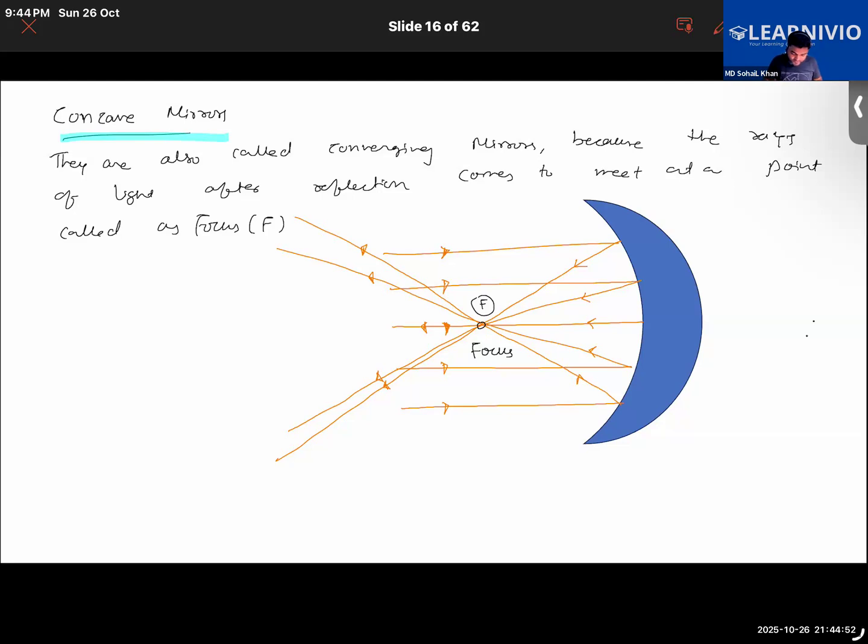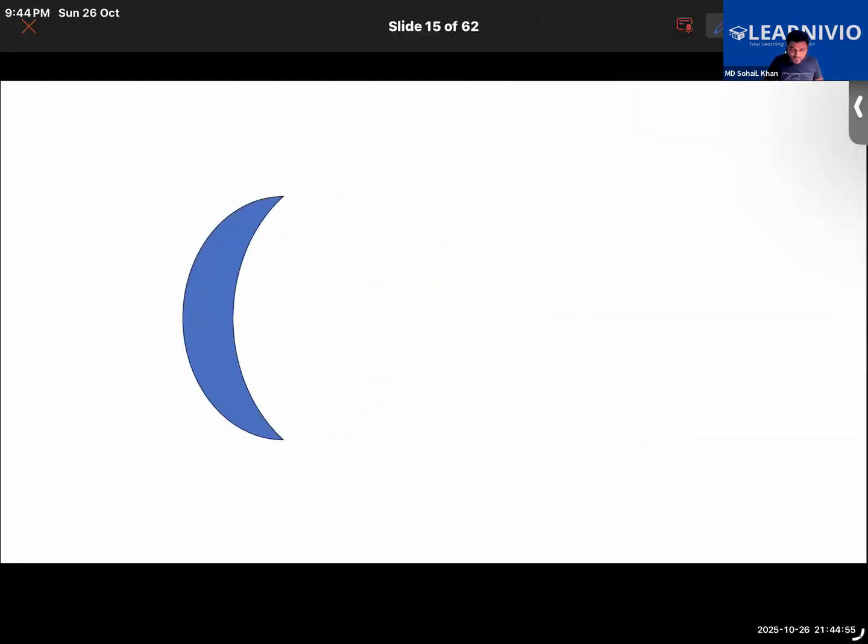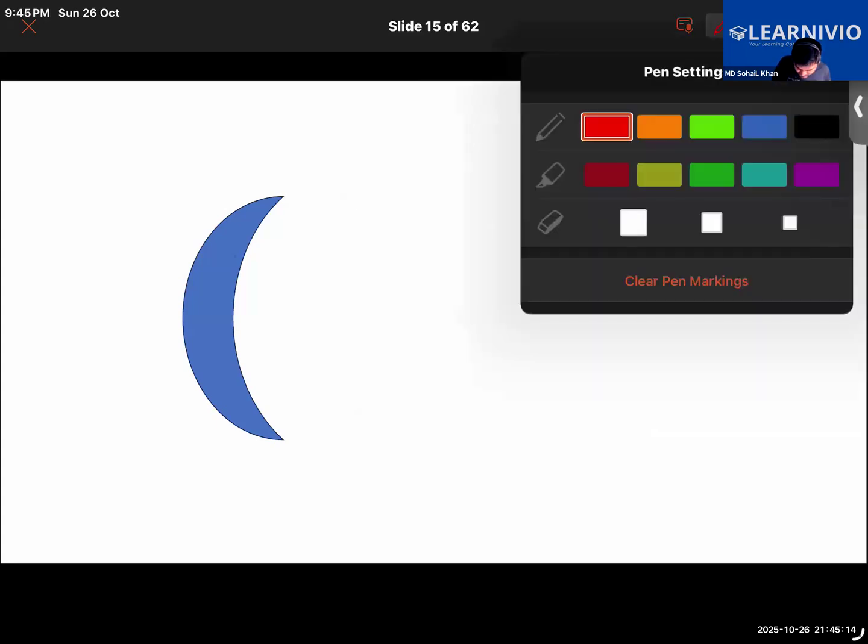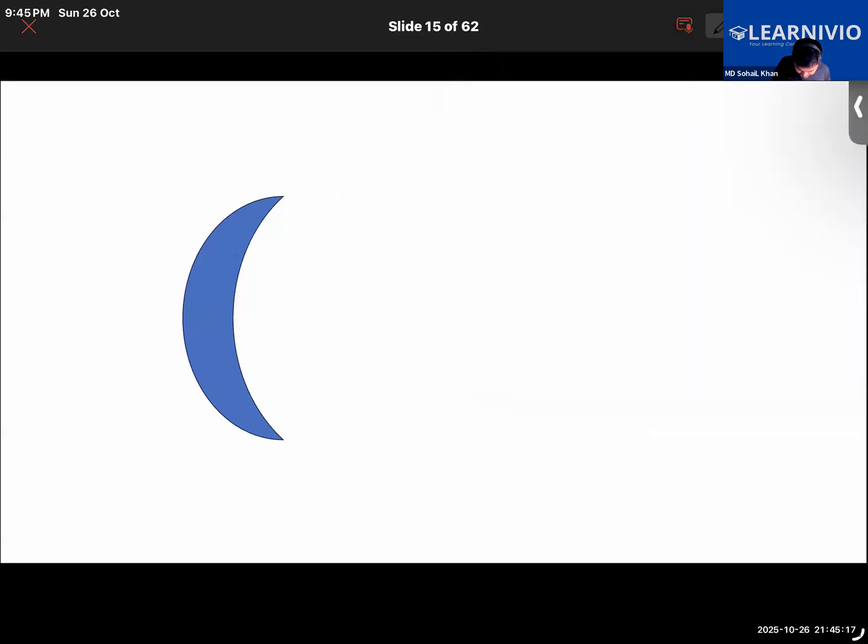Further, talking about the convex mirror: you know that its reflecting surface is bent outward. Like this is the reflecting surface. In this case also, suppose parallel rays of light are falling on it, say we have taken 5 rays of light like that.